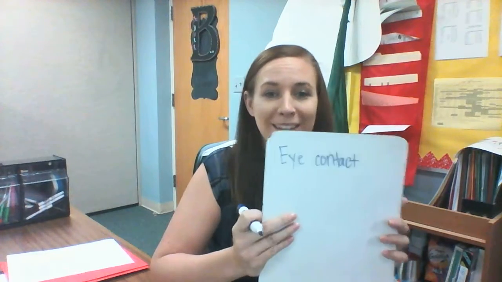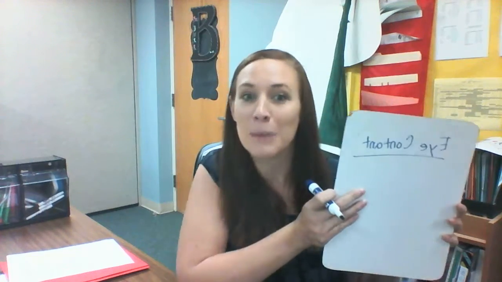So the first visual cue that we have is for eye contact. I wonder if I write it on here, if it's going to be backwards for you. It is. If eye contact is something that you struggle with, but you still want to make an attempt to look up, the first thing you can do is mark up your speech at places where you think it would be appropriate to look up.